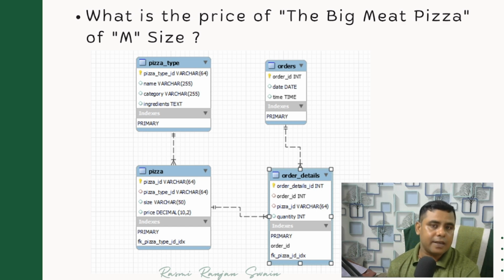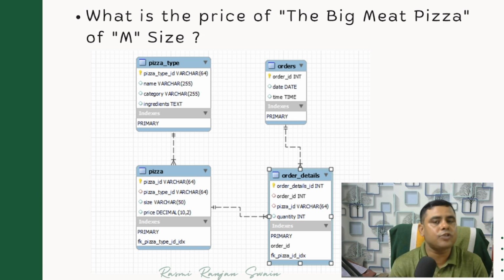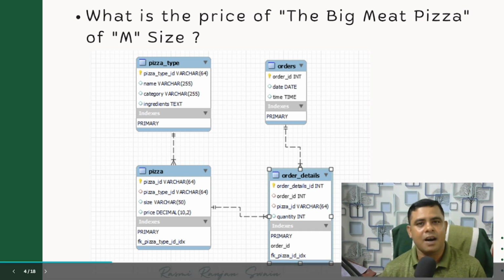If I want to extract this data, I must combine the pizza type table and the pizza table. If I join these two tables, I can extract the price of that big meat pizza. So let's see which type of join we are going to use and how to use it, and we'll check one by one.